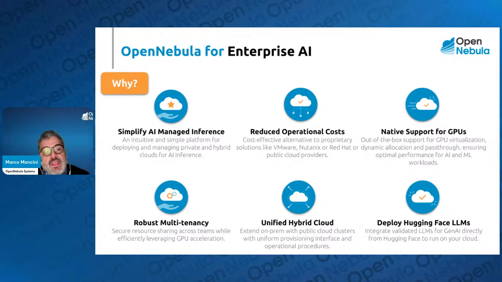Finally, one of the things that we did recently in OpenNebula is the ability to integrate large language models from Hugging Face. So we have tested, integrated, and validated several models. You will see this later in the demo by Carlos.